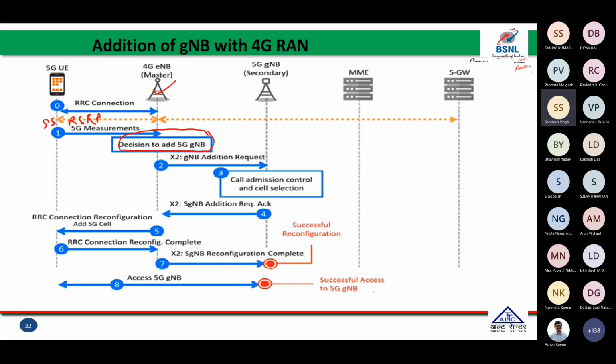After taking the decision to add the G node B, because the SS-RSRP is above the B1 threshold, which is used for the addition of the G node B, the master E node B sends the addition request to the 5G secondary node on the X2 interface. Then the G node B takes the admission call and sends the acknowledgement on the X2 interface to the master E node B. What is in the acknowledgement message?